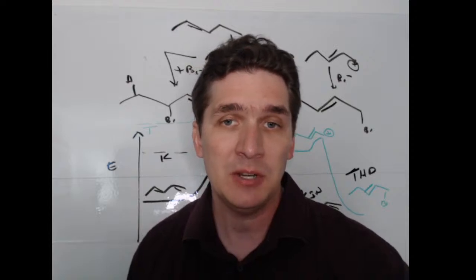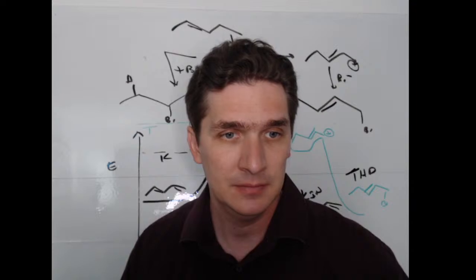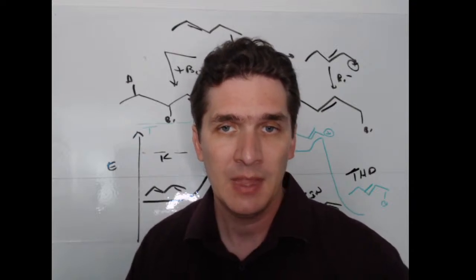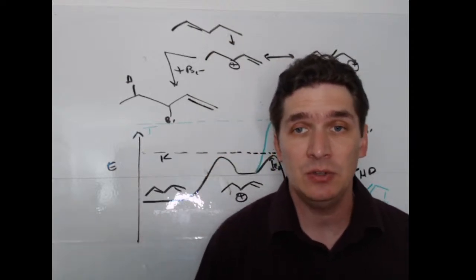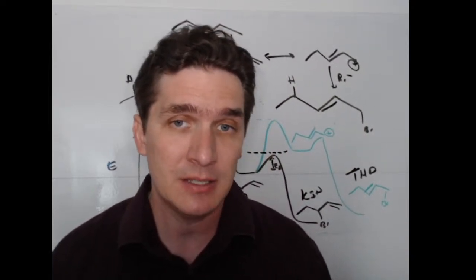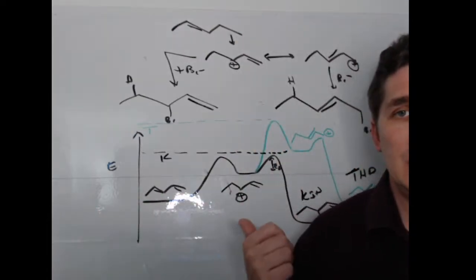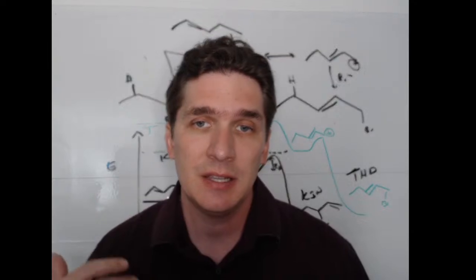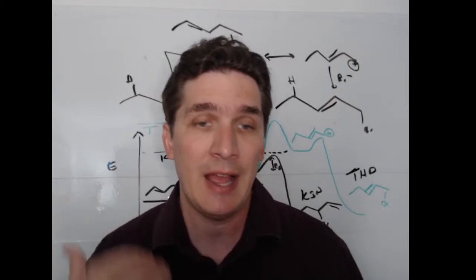How do you tell which one is the major product? Temperature. So there isn't a universal answer to your question about which one is more stable. It depends. In this case that I have on the board, the thermodynamic product is less stable than the kinetic product because you would have to go through a terminal alkene.